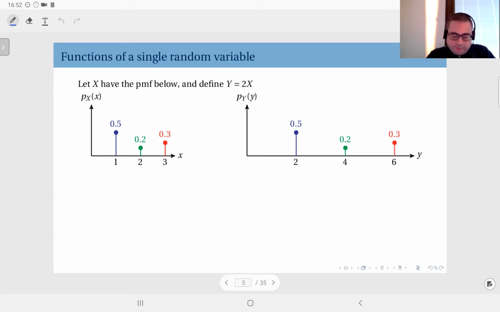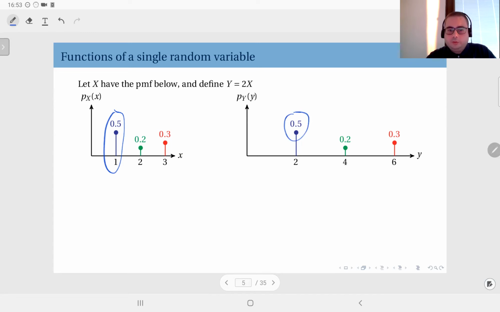You see, random variable x takes the value of 1 with a probability of 0.5. It takes the outcome value of 2 with a probability of 0.2 and the outcome 3 with a probability of 0.3. That means since y equals 2 times x, when x equals 1, y will be 2, which happens with 0.5 probability.